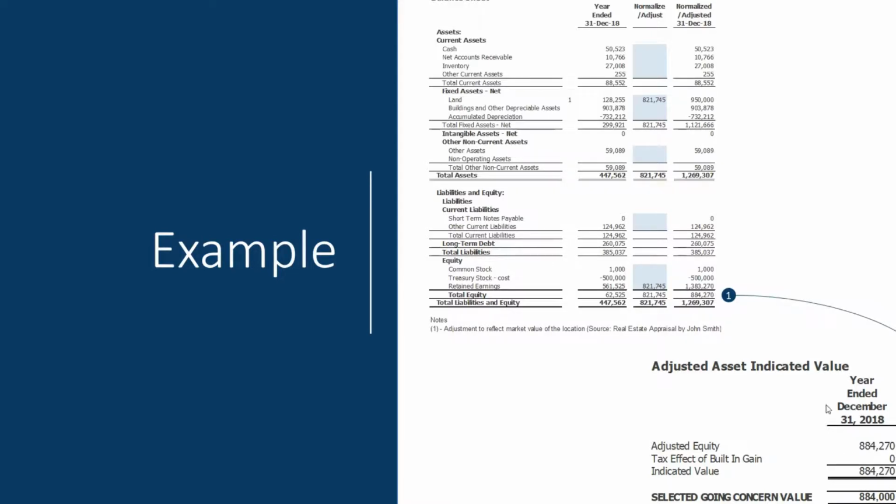And for this particular company that was sitting on very valuable land and inside of a building considered to be valuable, this was probably going to be the best valuation approach for this business owner. And that cannot be said for any and all businesses.